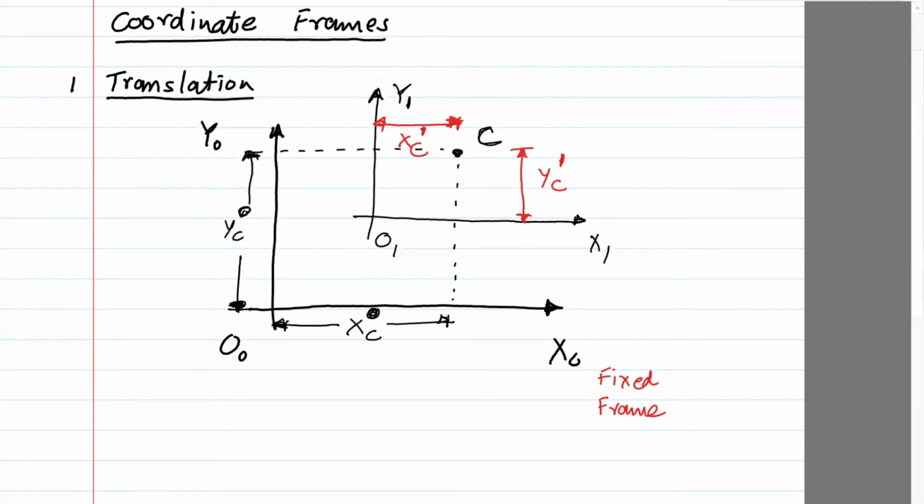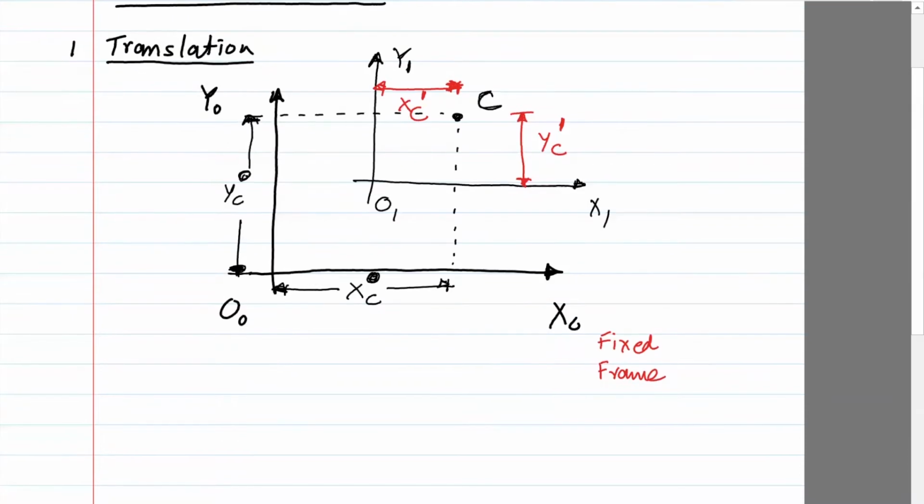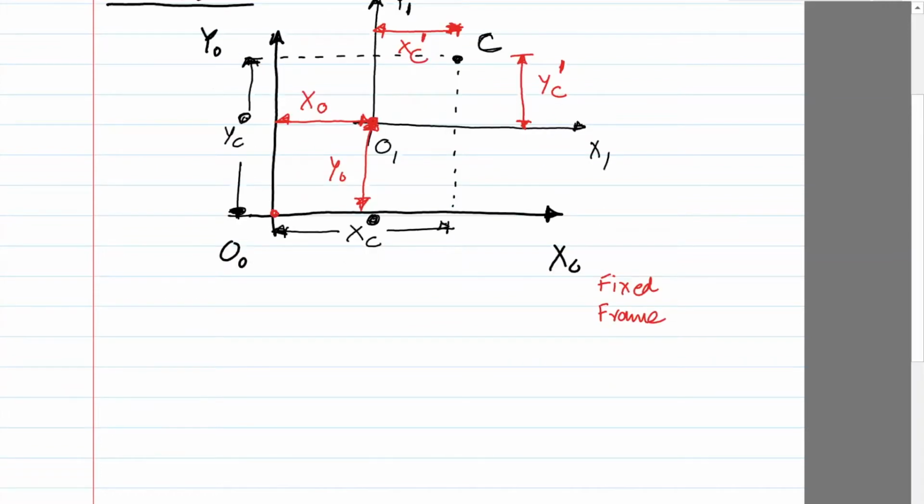So C will have, in this case, two ways in which you can write its position: one with respect to frame 1, the other one is frame 0. Let's also draw the position of the origin of frame 1 with respect to frame 0. So that will be the position of O1 with respect to O0. So let me draw this, call that X0, and then Y0. Okay, let me not put any superscript here, just to make it simple. Otherwise, I would just call it X00, and it just won't add much value.